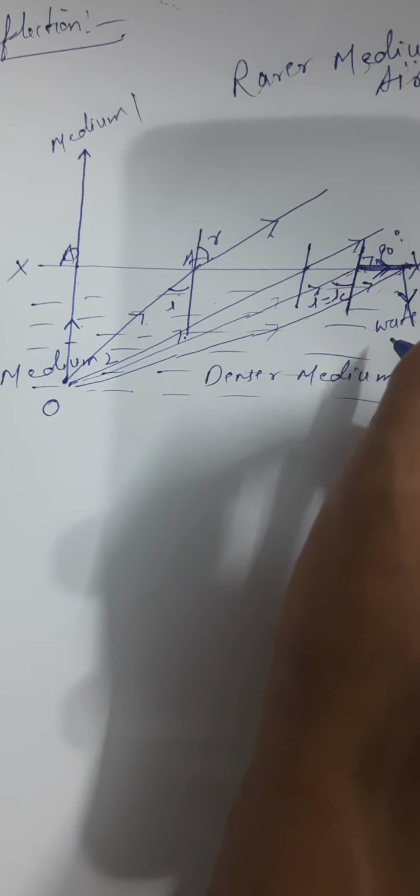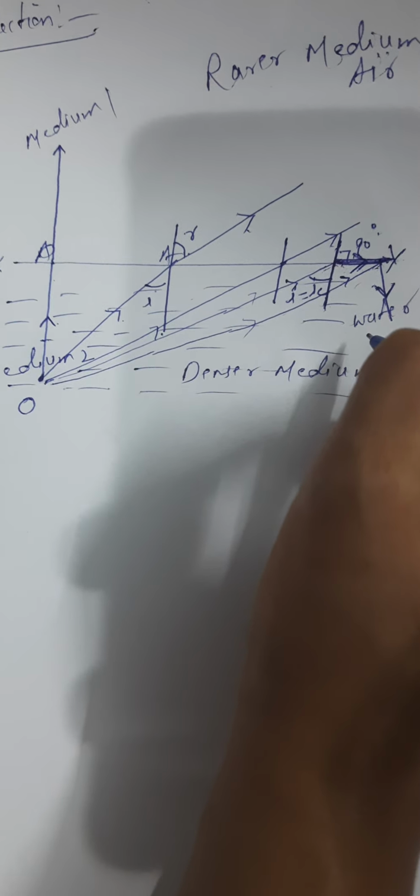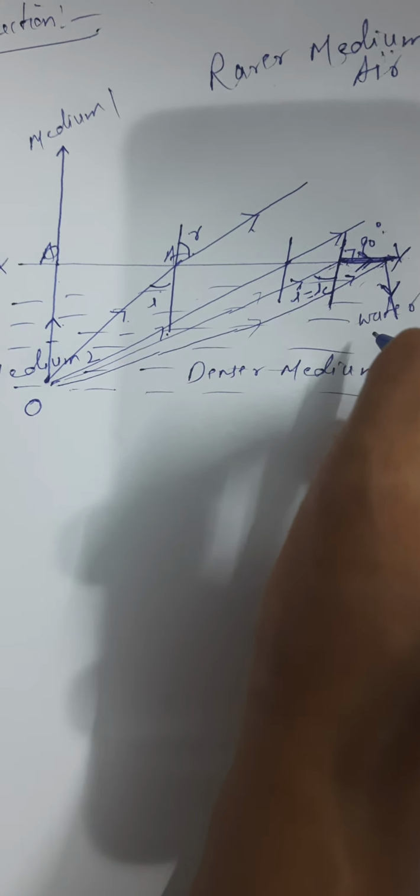Thus, total internal reflection is the process in which a ray of light from a denser to a rarer medium strikes the interface at an angle greater than the critical angle. Clear to all of you?